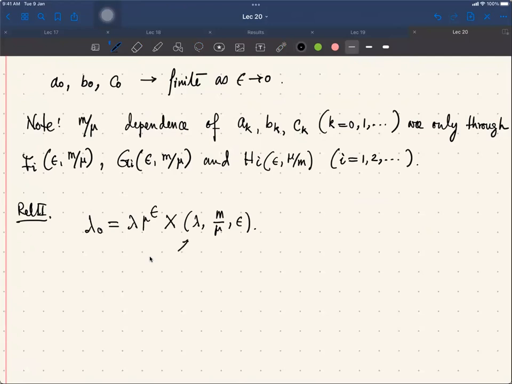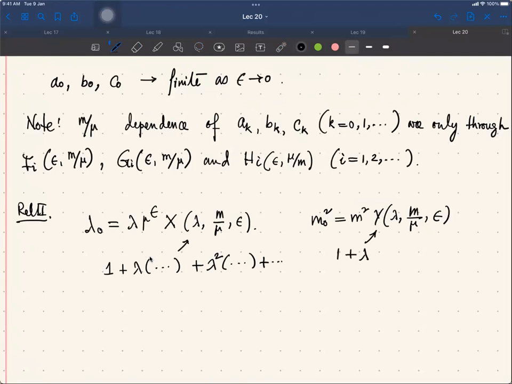And this has a form that starts with 1 and then lambda times something, this is the lambda expansion form, lambda square times something and so on. Similarly, m0 square can be written as m square times y of lambda, m by mu and epsilon. And this also has the same lambda type of expansion.